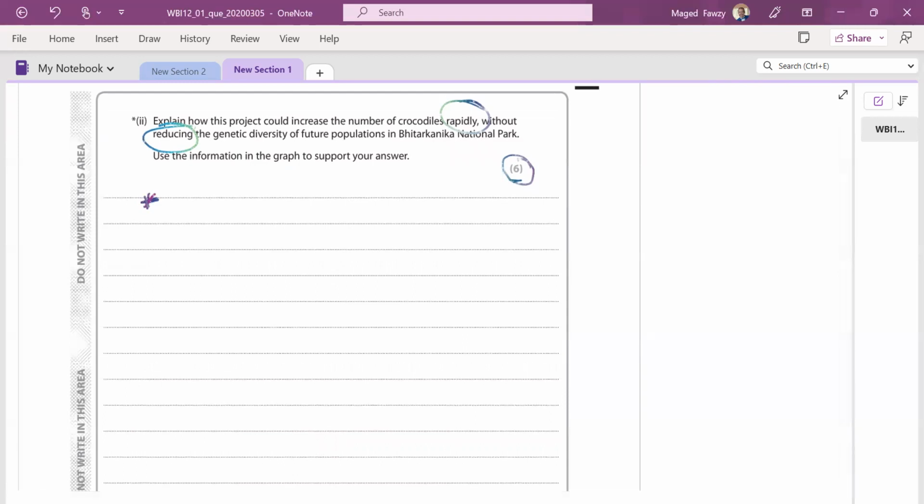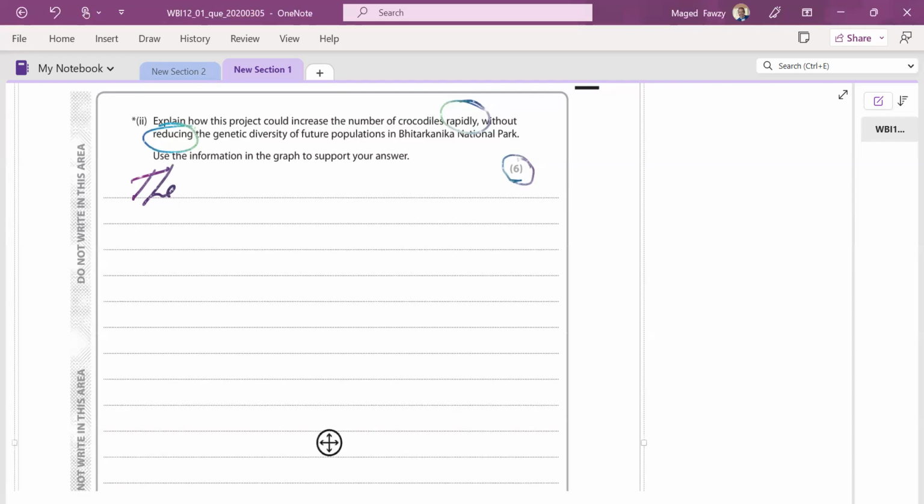The point is I need to write the number. Mention that the numbers will increase faster if we have more females hatching. If I have more females laying eggs, then more eggs, more offspring hatching.